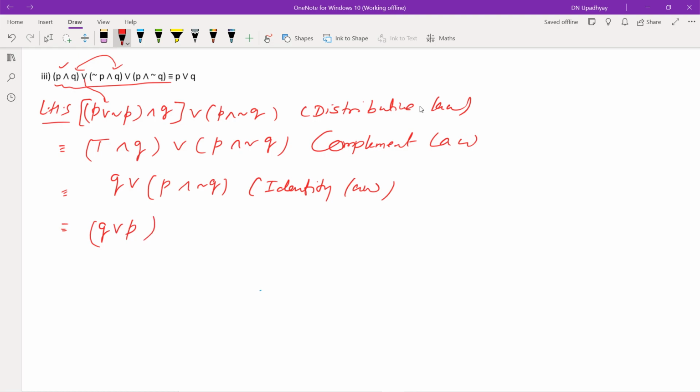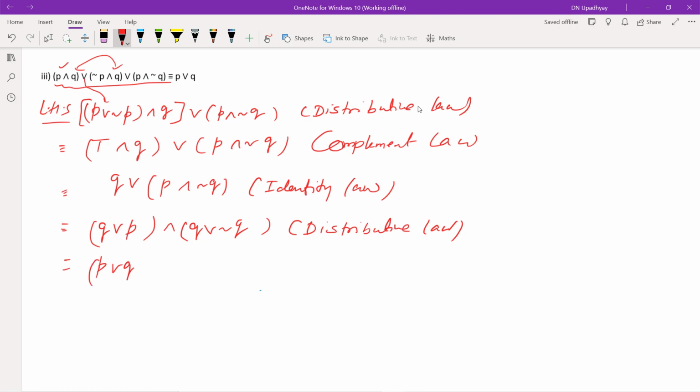But if you look at the term, there only P or Q is there. So we have to convert by distributive law. So that will be Q or P, Q or P, and Q or negation Q. Again distributive law. Why?